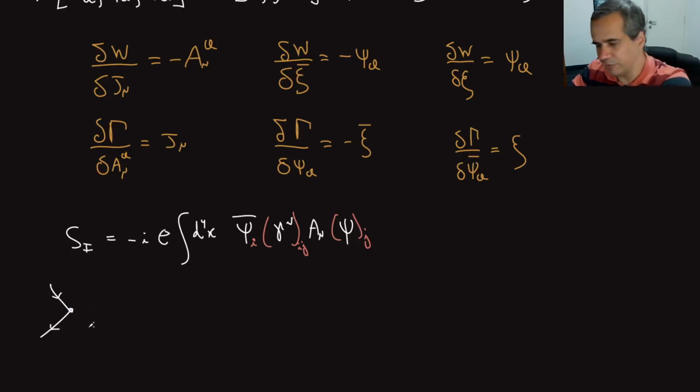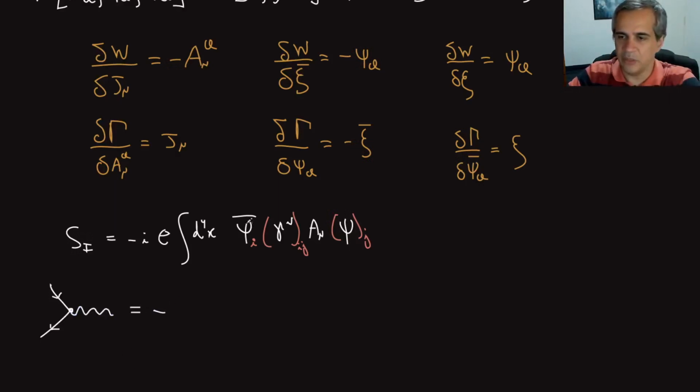Let me do a proper photon, right? The symbol for photon is like an oscillation like that, and it is given by minus the derivatives in all the fields here. In this case, I have 3 different fields, and I have to do the derivative in all of them. These minus signs combined with that one give me a plus i e, and the fields go away. I just stay with this gamma mu ij.